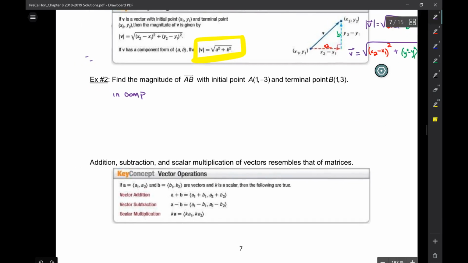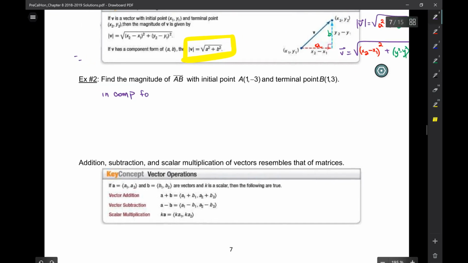You don't have to put it in component form first, but since we already have it, AB is equal to 0, 6. So the magnitude of AB is the square root of A squared, 0 squared, and then B squared, which is 6 squared. So how much is the magnitude of AB?